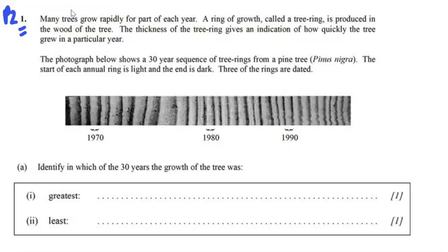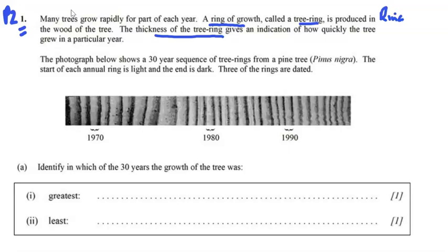Many trees grow rapidly for part of each year, and the consequence of this is that they have a ring of growth called the tree ring. The thickness of the tree ring indicates how quickly the tree grew in a particular year. So we've got two factors here.